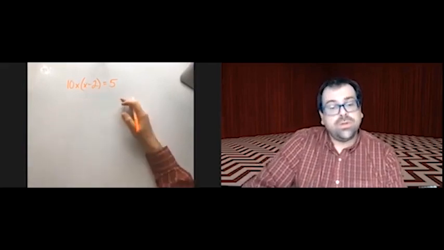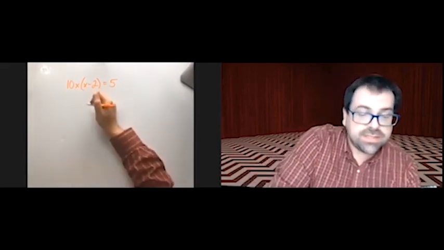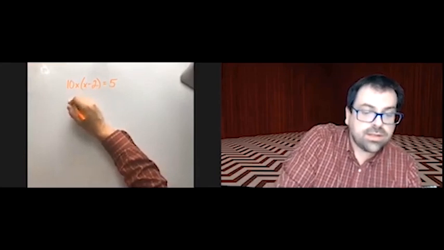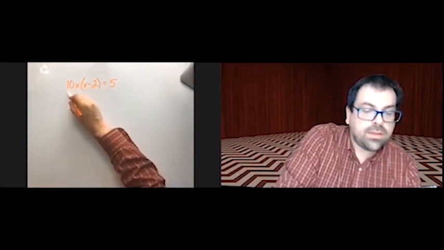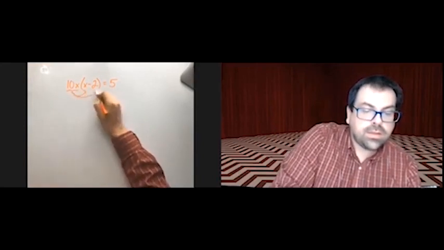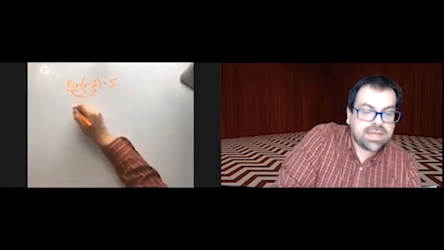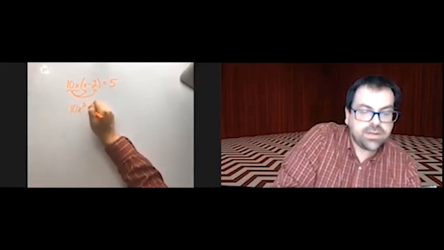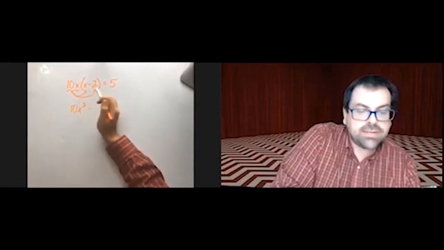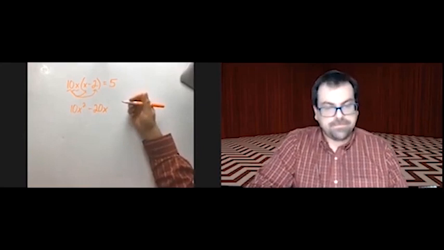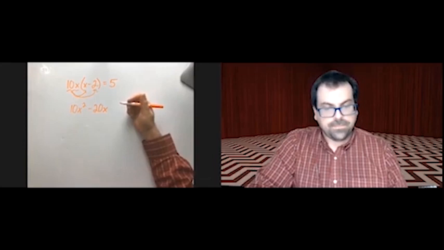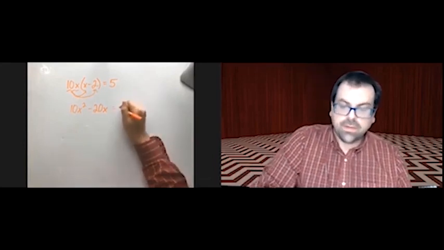But we do need to distribute to get rid of the parentheses. 10x times x is 10x squared minus 10x times 2 is 20x equals 5.